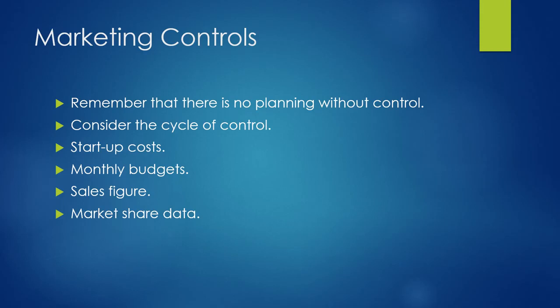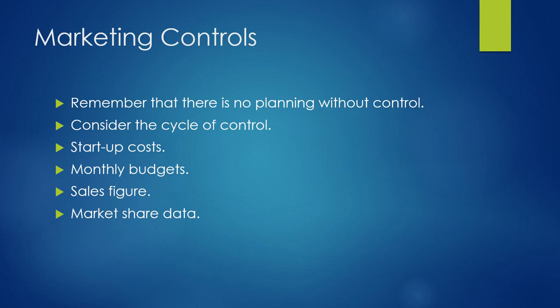There is a relationship between planning and control. If you have a good plan or good strategy, we need to make sure that these strategies have been implemented properly. Using the cycle of control means that we need to set the standards, which are the objectives in our plans.